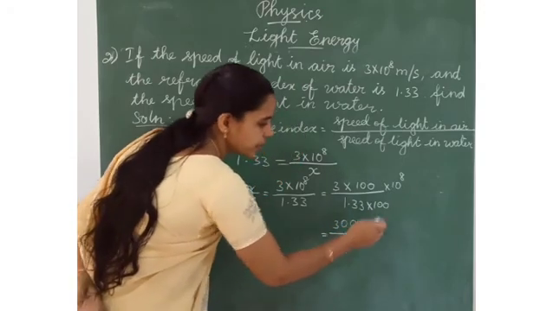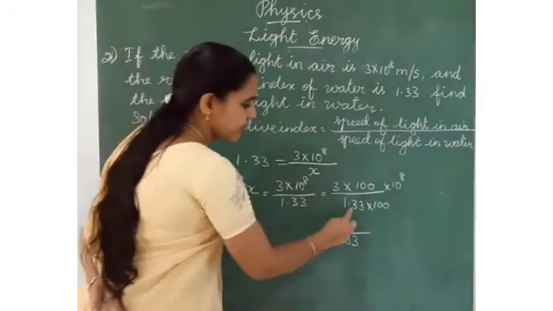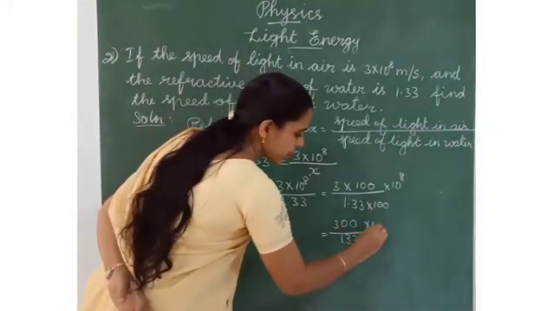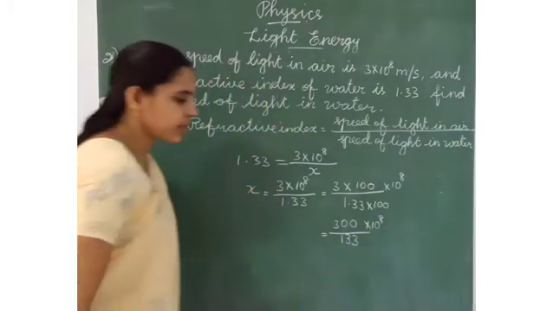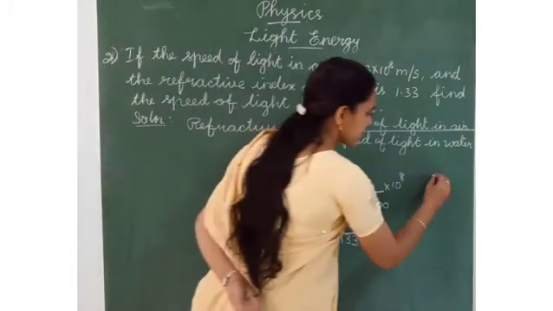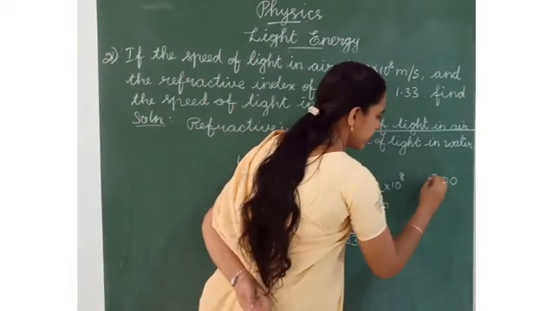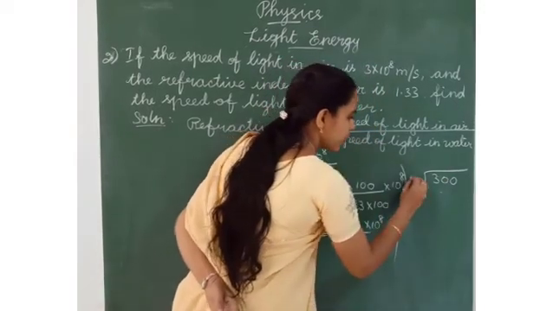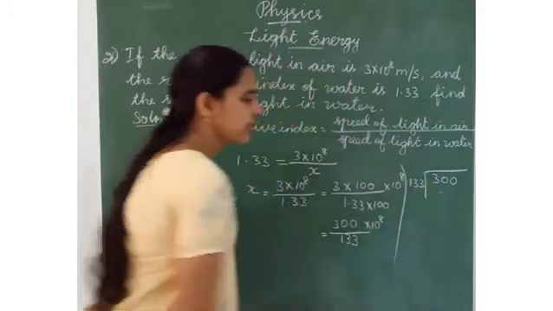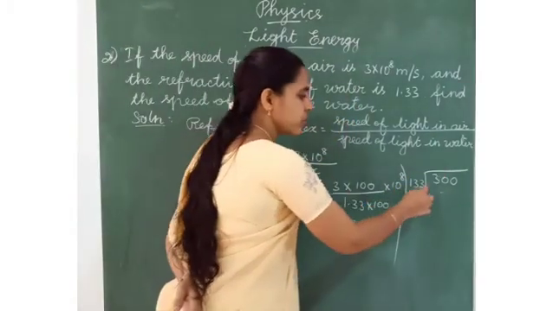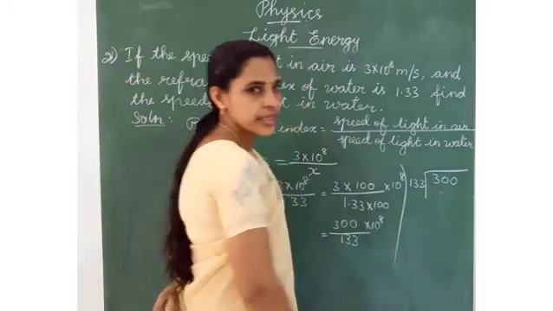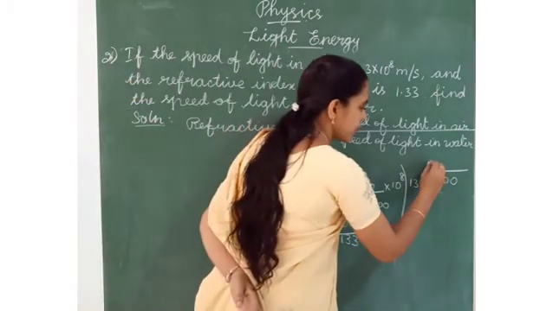When we multiply with 100 it removes the decimal, so 133 into 10 power 8. Now we should divide the numbers. 300 divided by 133. Listen here. 1 into 133 is equal to 133. So we have to divide by 2.